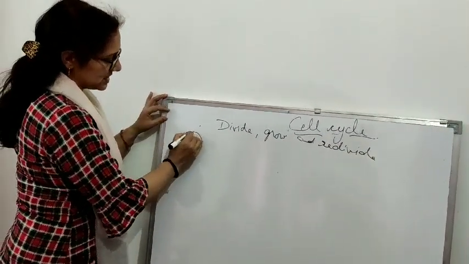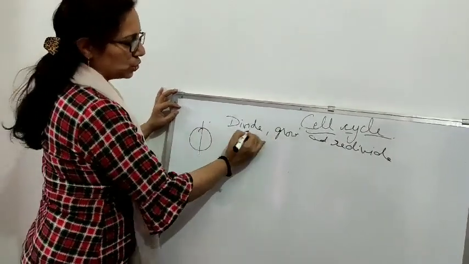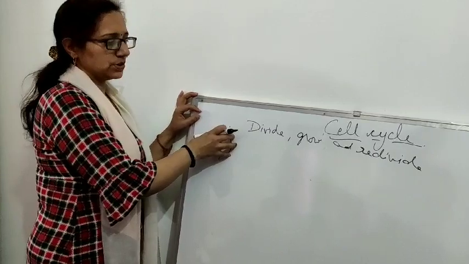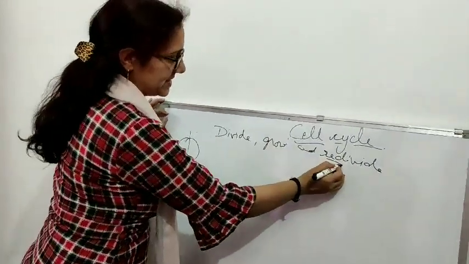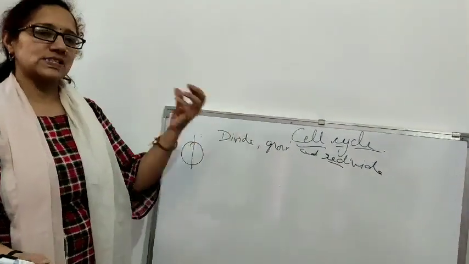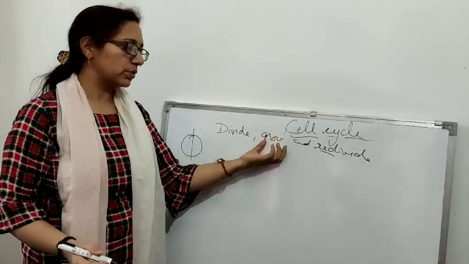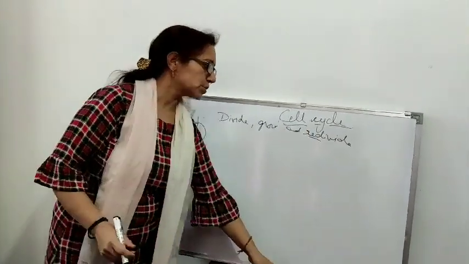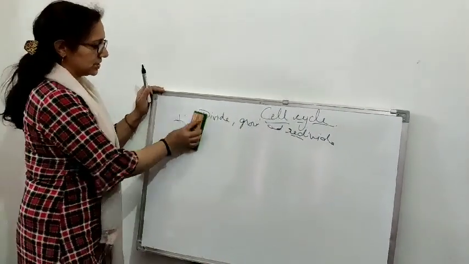Originally we have a cell, and it gets divided into two parts. First it grows to a maximum, and after growing to the maximum it redivides. The divided cell is very small in size, then it grows and finally redivides again. So this is how cell division takes place.